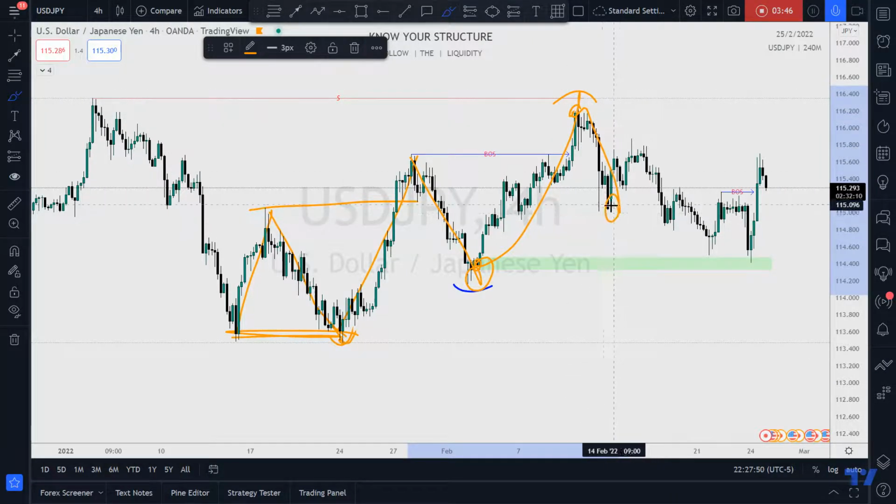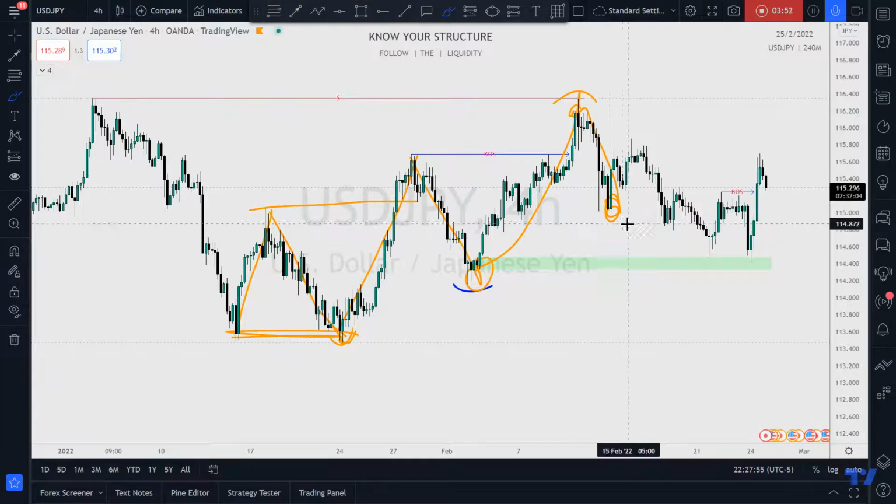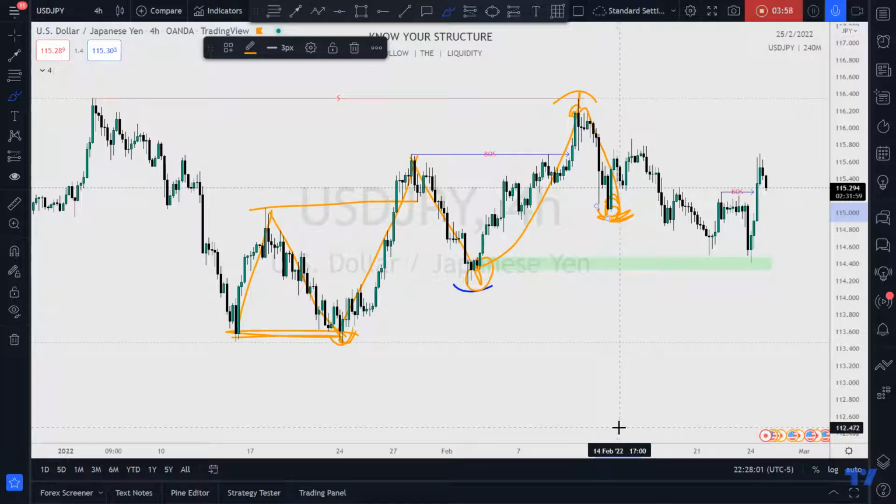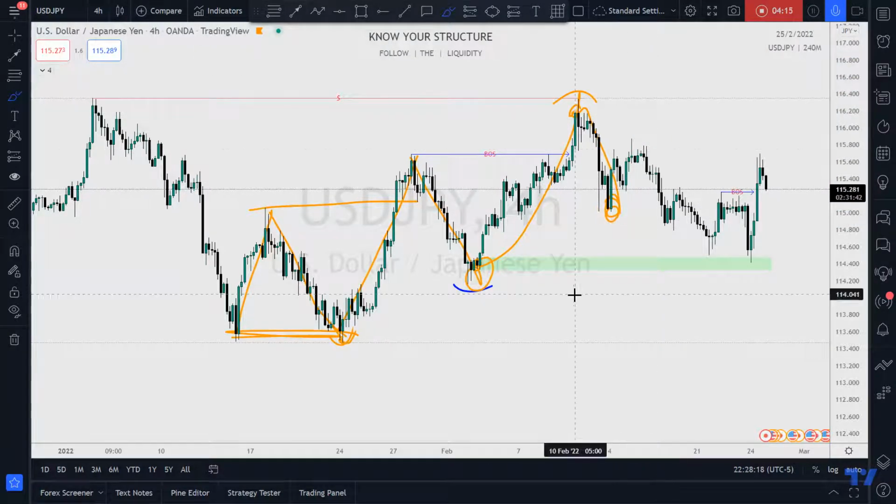higher low. Right, this isn't really a higher low. Why? Because it didn't make a higher high. This is just a microstructure swing low. It was potentially a higher low to make a higher high, but higher lows only make higher highs. Just like lower lows are only made by lower highs.